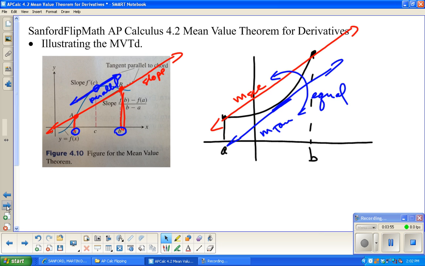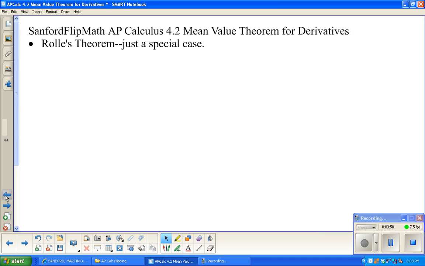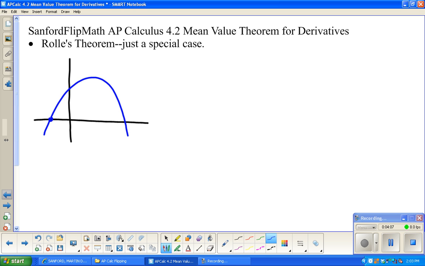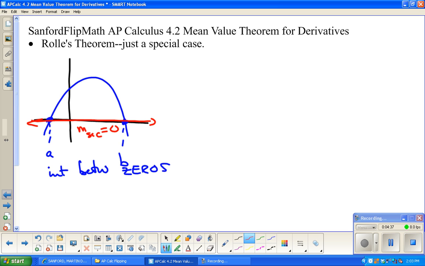Now I want to pop back just for a second. There is a special case of this that's called Rolle's theorem, and this comes up every now and then. Here's my A and here's my B. Instead of the interval being any old x and y value, the interval is between zeros of the function. If that's true, then the secant line is really just the x-axis, so the slope of that secant line would be 0.